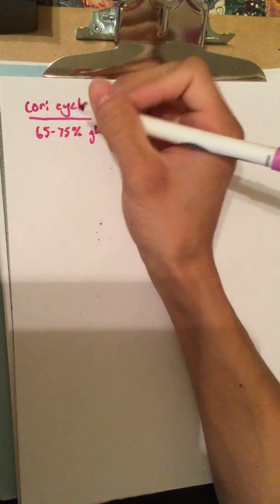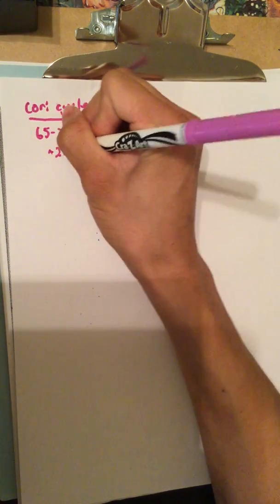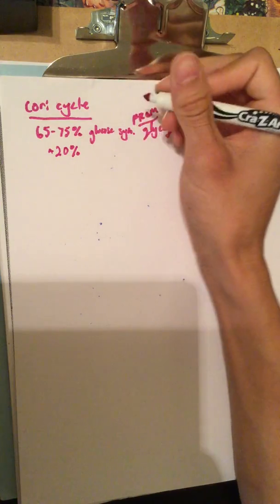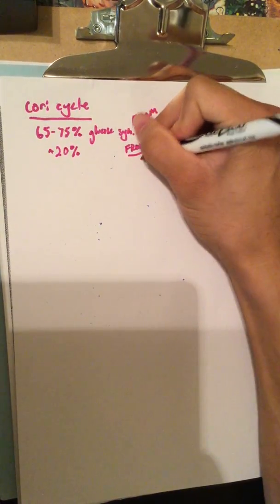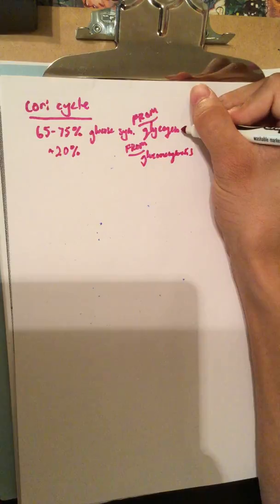Everything else, roughly 20%, is coming from gluconeogenesis. So glucose comes from glycogen through the process of glycogenolysis, or from gluconeogenesis.